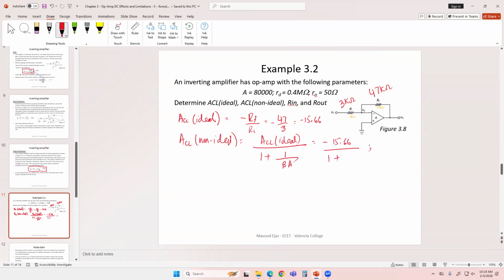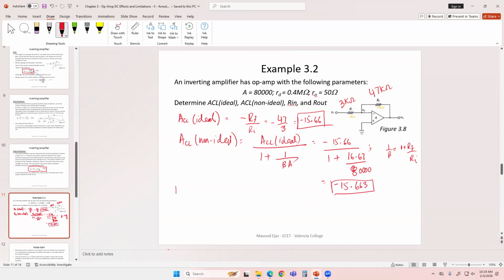So that's 16.67 over 80,000. How much? Negative 15.66. Again, same thing. 663, right? Okay, so they are approximately equal to each other.